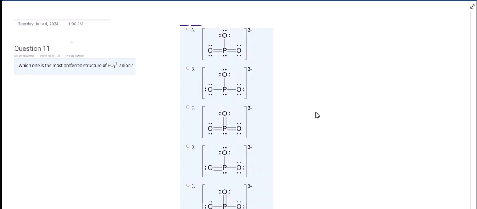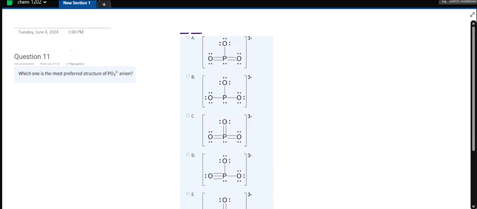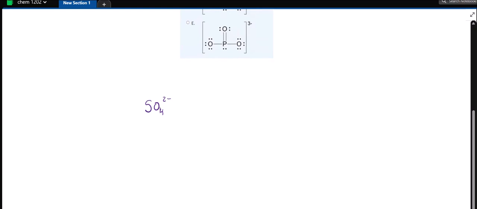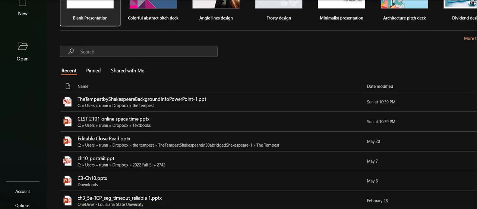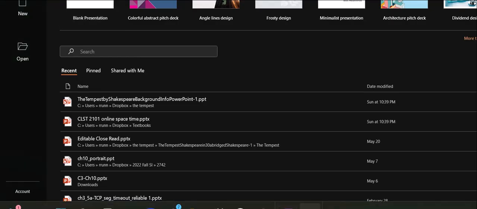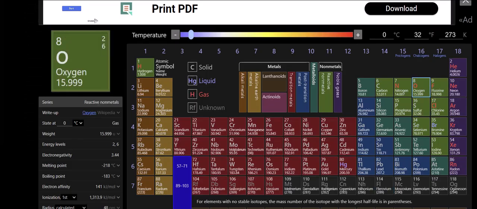Okay, so this question we're supposed to get the most preferred structure for the phosphate 3- ion. So rather than doing that one, we'll do the sulfate ion, sulfate 2- ion. So we need to know the number of valence electrons for both sulfur and oxygen. When we look at a periodic table, we see sulfur and oxygen are both in column 6A, so they both have 6 valence electrons.